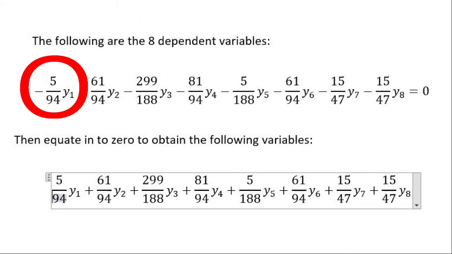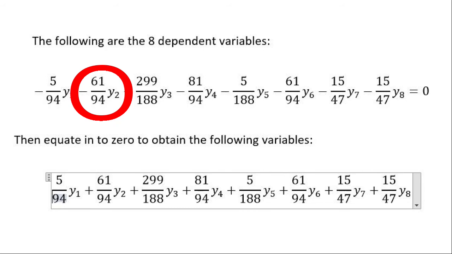For the negative 5 over 94, that is our first coefficient in the chemical equation. For negative 61 over 94 for the second coefficient in the chemical equation, and so on.